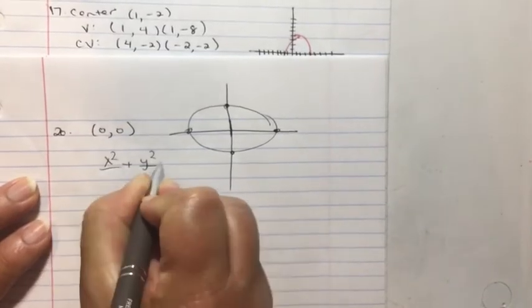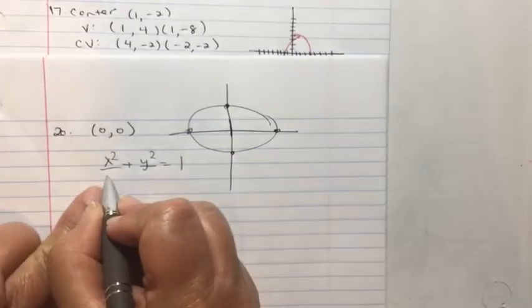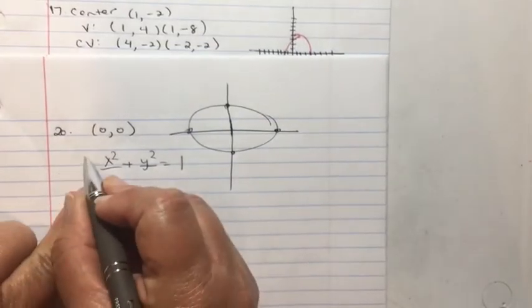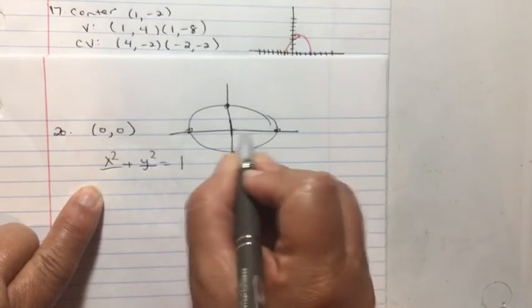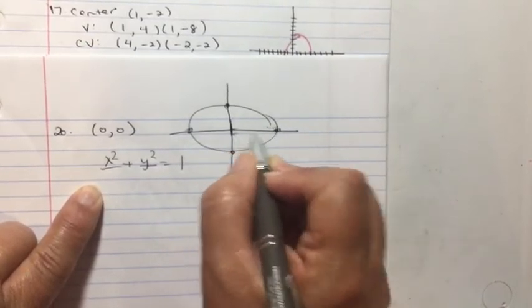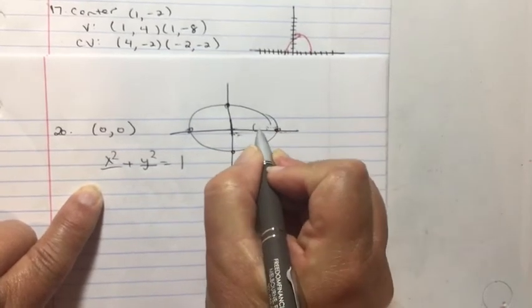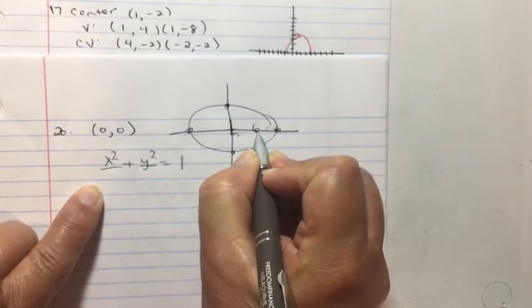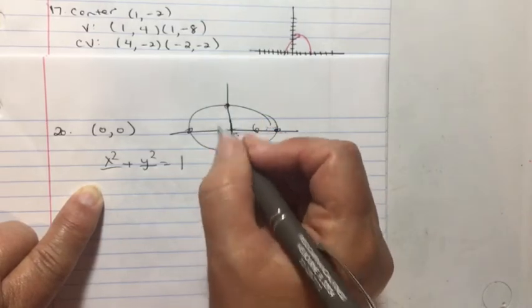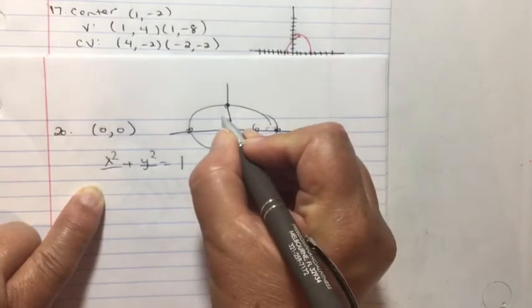So this part of the equation is easy. Remember, this number on the bottom, when you square root it, it's what you're going to add and subtract to the origin. So we just said that the horizontal is 12 long, meaning this is 6. The vertical is 22, meaning this is 11.